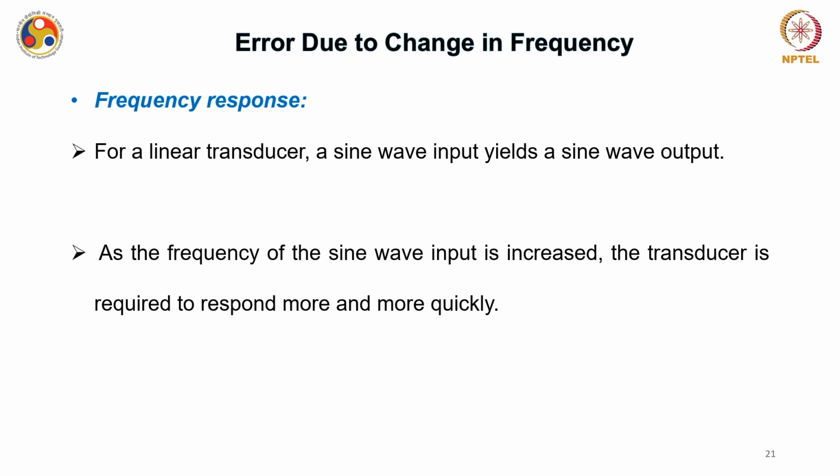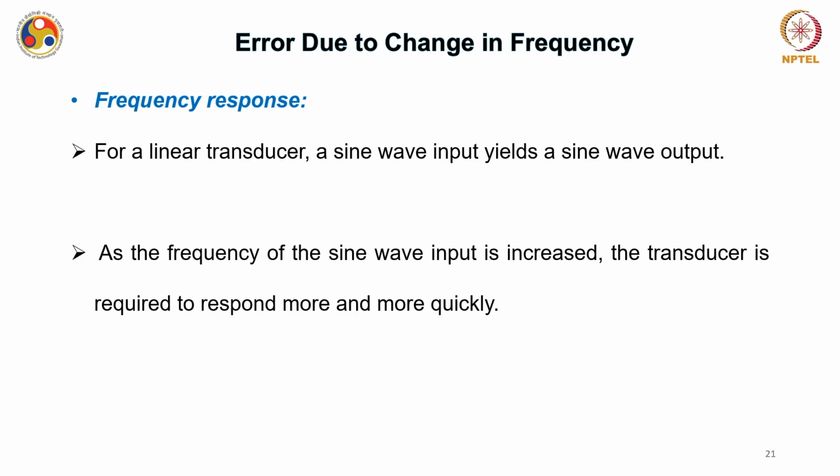Frequency response you might have seen for transistors and amplifiers, and this is very similar to what you have seen. We are considering a sine wave right now. For a linear transducer, a sine wave input should yield a sine wave output only, because the response is linear.